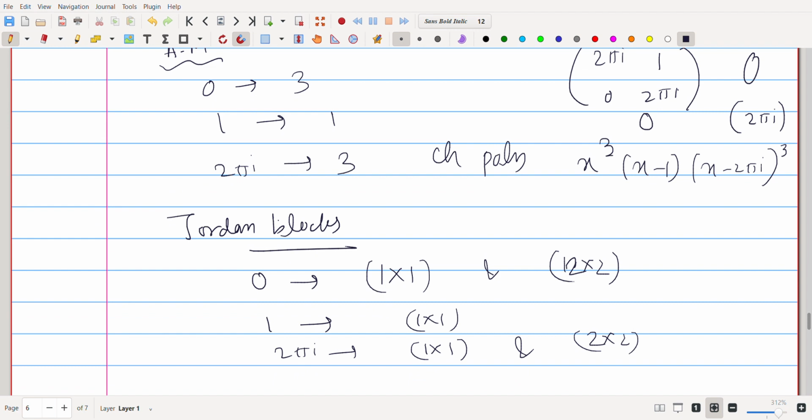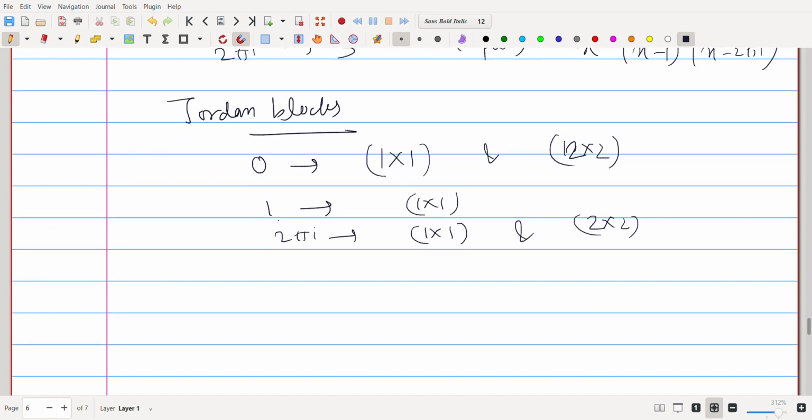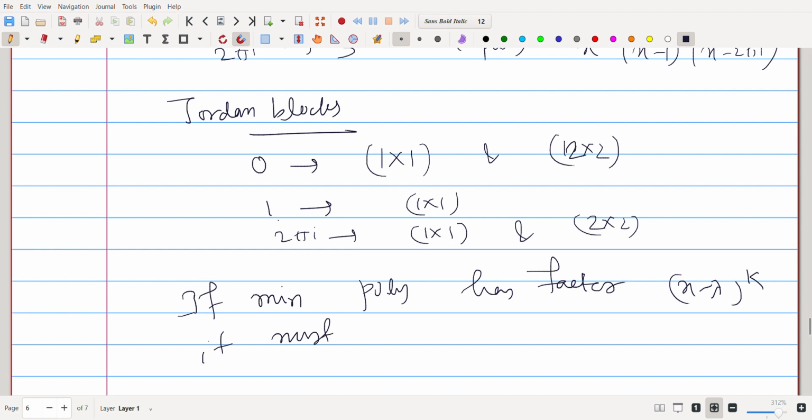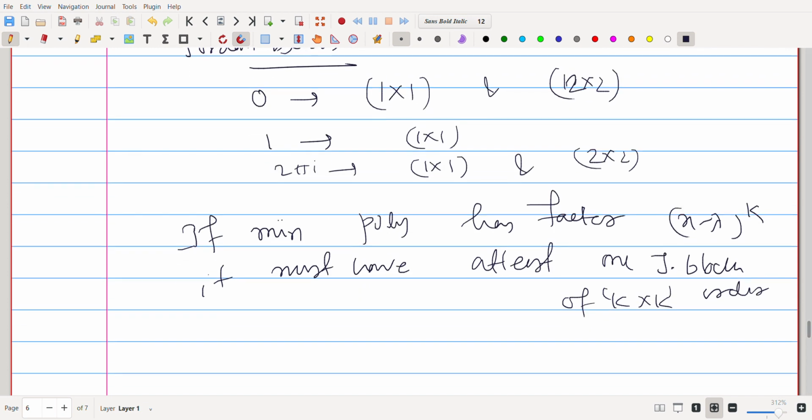So what about the minimal polynomial? We know that if the minimal polynomial has a factor (x minus lambda) to the power k, that means there must be at least one Jordan block of order k by k for lambda.